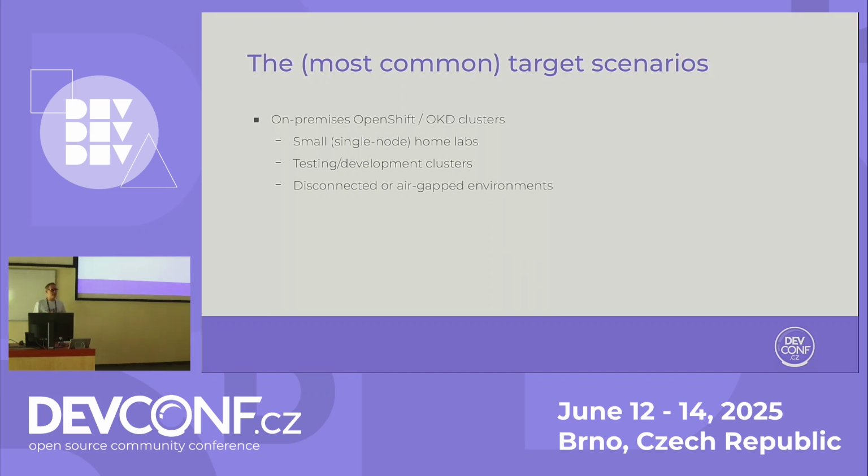Some examples are small single node home lab clusters, or clusters that you could deploy locally for testing and development, but also production clusters that typically are placed in a disconnected or air-gapped environment. So typically where you don't have an internet connection.